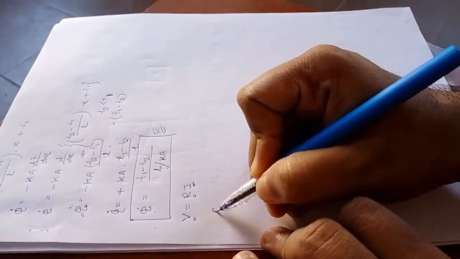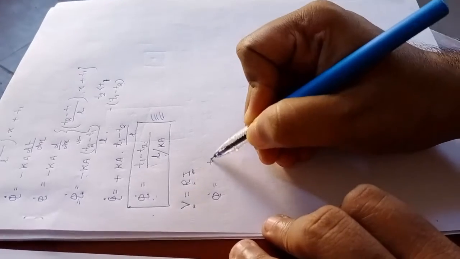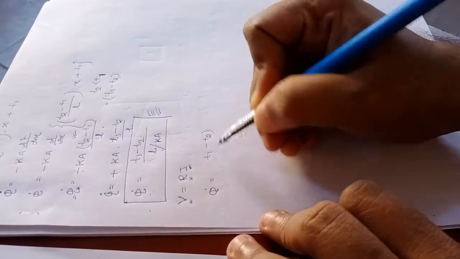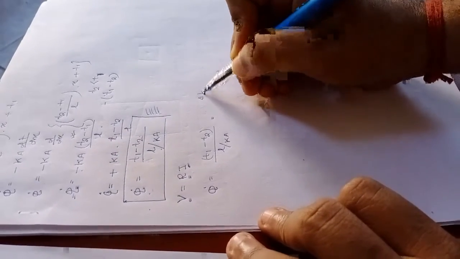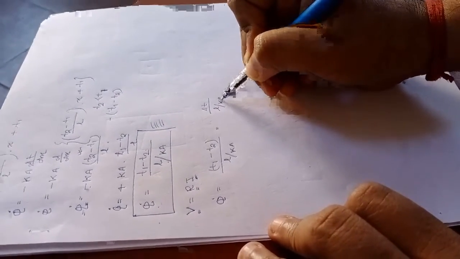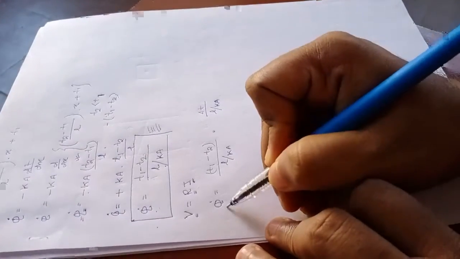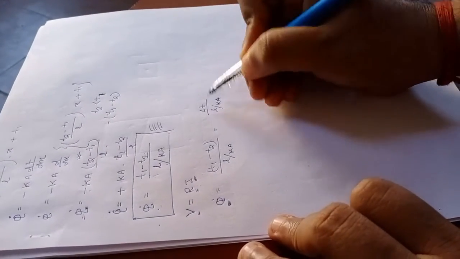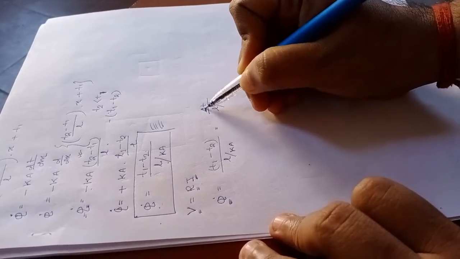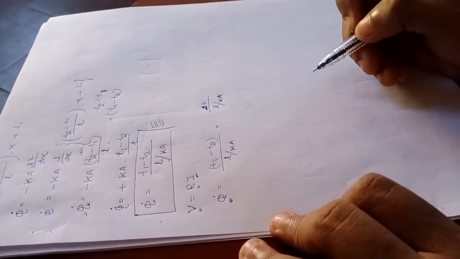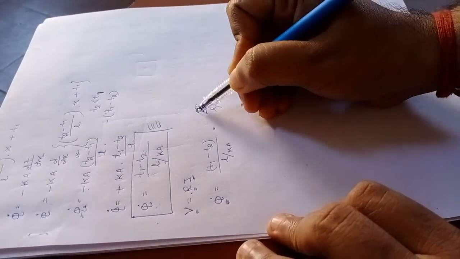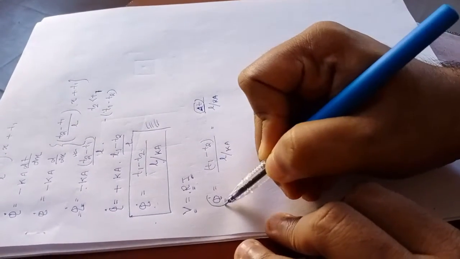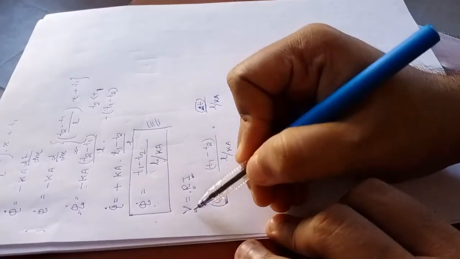Now if we compare these two equations, Q dot is equal to (T1 minus T2) by (L by KA), or we can say delta T by (L by KA). Now you can see why this heat transfer is taking place: because of this temperature difference the heat transfer is taking place.